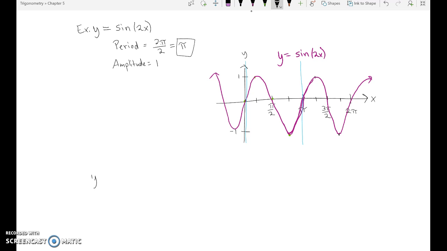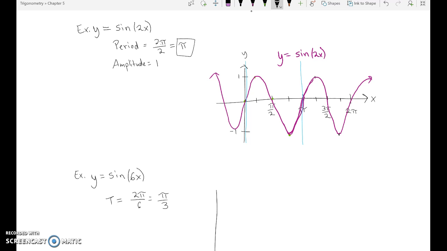So let's use y equals sine of 6x. Then I would get my period, my T as it is often referred to, as 2 pi over 6. So my period here is pi thirds.